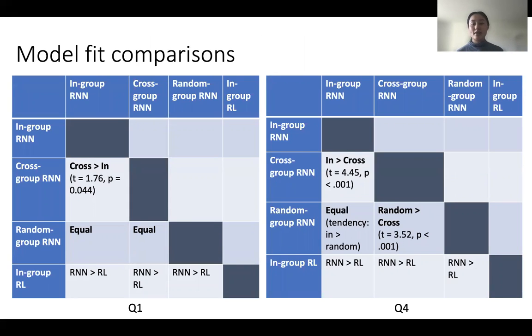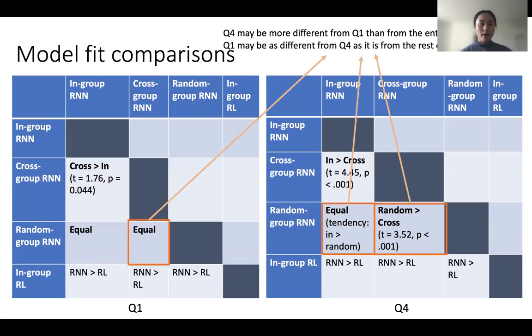So to summarize, in the first part, we compared the model fits of RNNs and RL. And from there, we conclude that Q4 may be more different from Q1 than from the entire sample, whereas Q1 may be as different from Q4 as it is from the rest of the group.